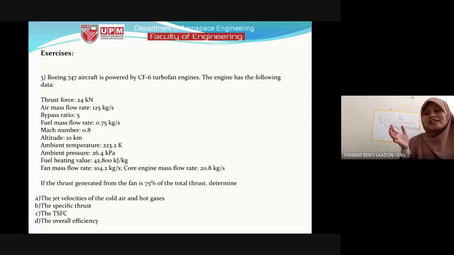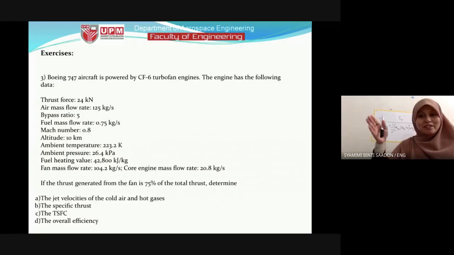So actually the thrust is produced by the bypass or the fan and the core engine. So you have two separate thrust forces produced, but the one that we calculated just now is the total. We already summed up both of the thrust forces.